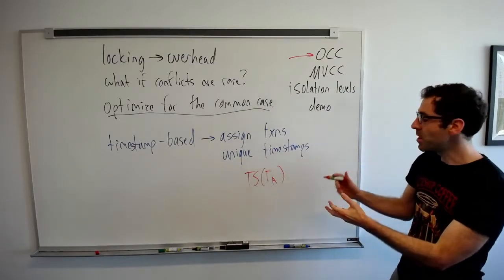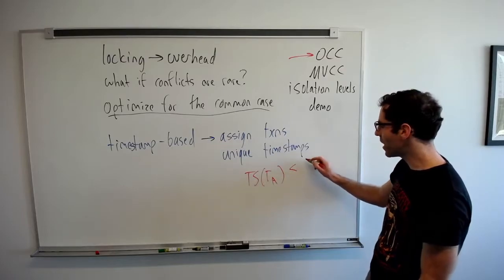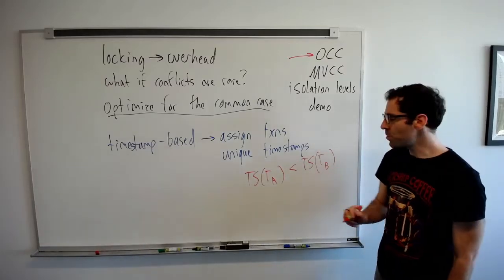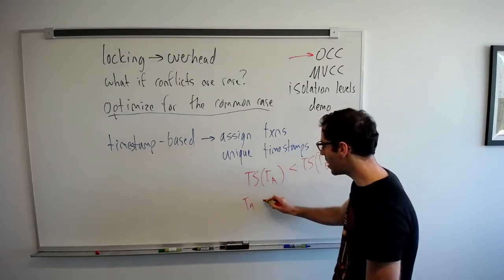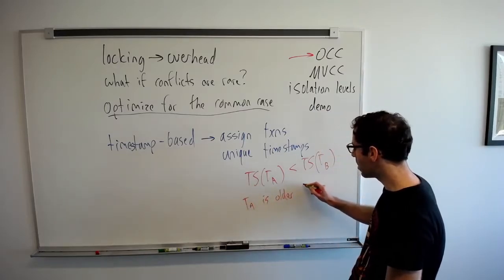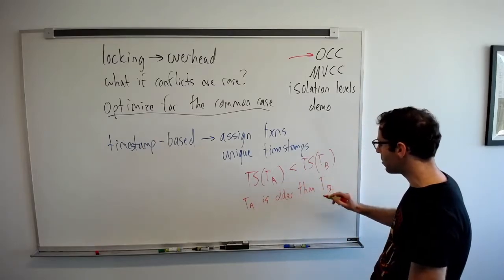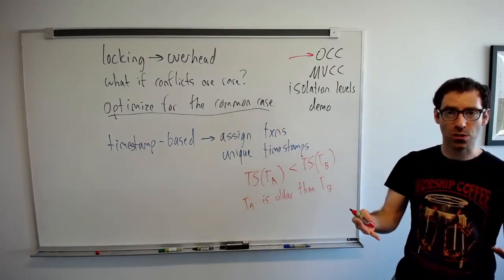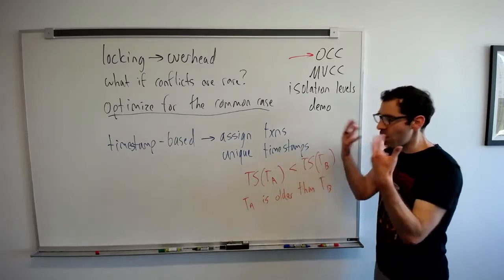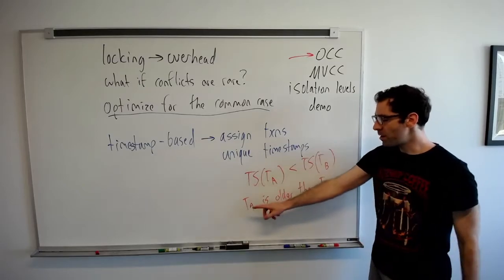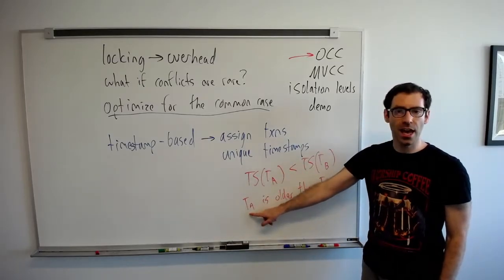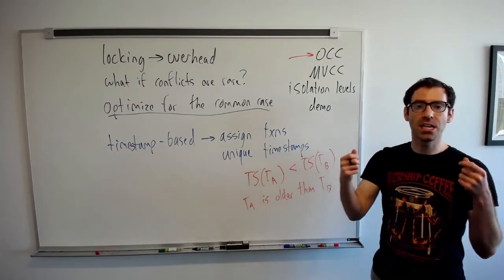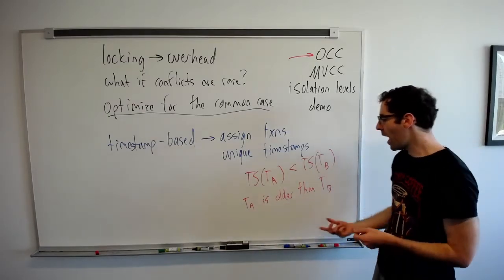And how we'll use these timestamps is to say that if the timestamp for some transaction A is less than the timestamp for some other transaction B, we'll say that transaction A is older than transaction B, or conversely, transaction B is younger than transaction A, and we're going to require schedules that are equivalent to a serial schedule that had transaction A execute entirely before transaction B. So in practice, they can be interleaved, but they need to be equivalent to the serial schedule where transaction A happened and then transaction B happened.